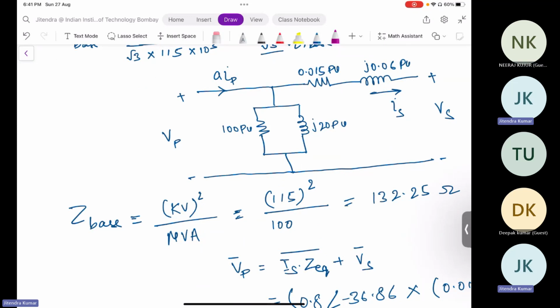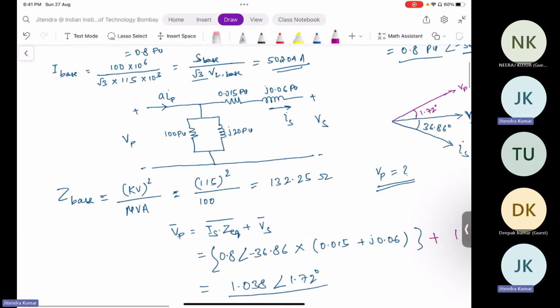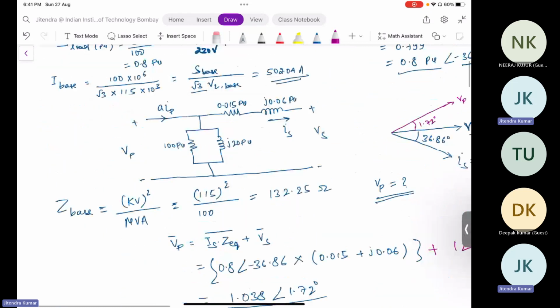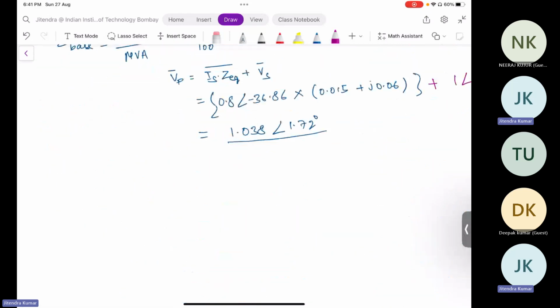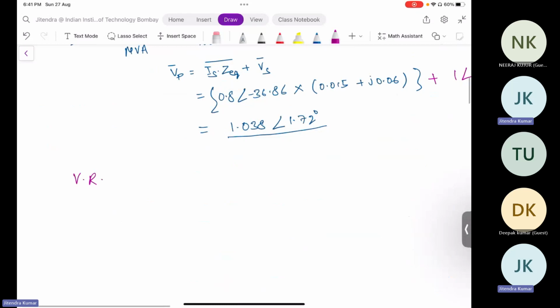Since we have already computed the primary voltage in per unit, what will be the voltage regulation here? Voltage regulation will be V secondary at no load minus V secondary at full load, divided by V secondary at full load.